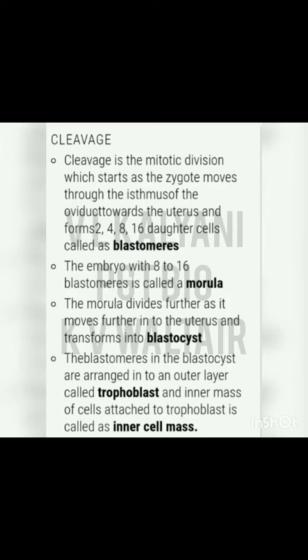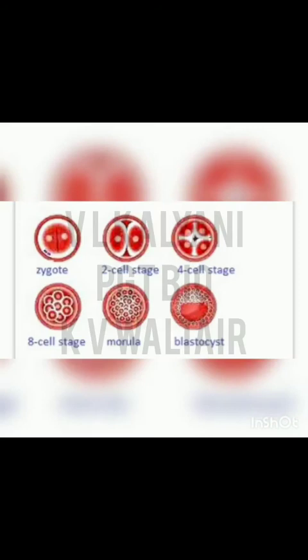So when it forms 8 to 16 blastomeres, it is known as morula. And next it will form a blastocyst. In the blastocyst, above 16 to 32 cells, the blastomeres are arranged such that some cells form an outer layer.